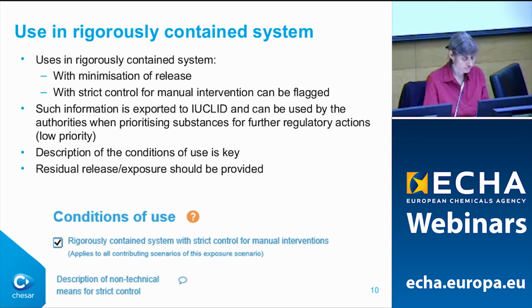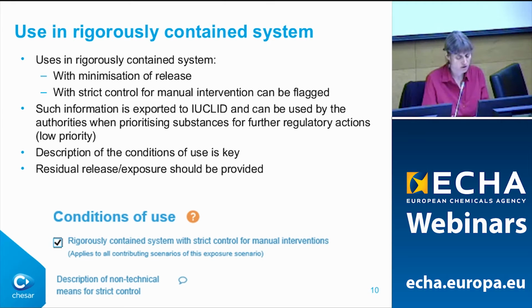Just a small side topic. For uses in rigorously contained systems, there is a new feature in Chesar 3. So what do we mean by use in rigorously contained system? It's first, for the environment, with minimization of releases, and for human health with strict control for manual intervention.